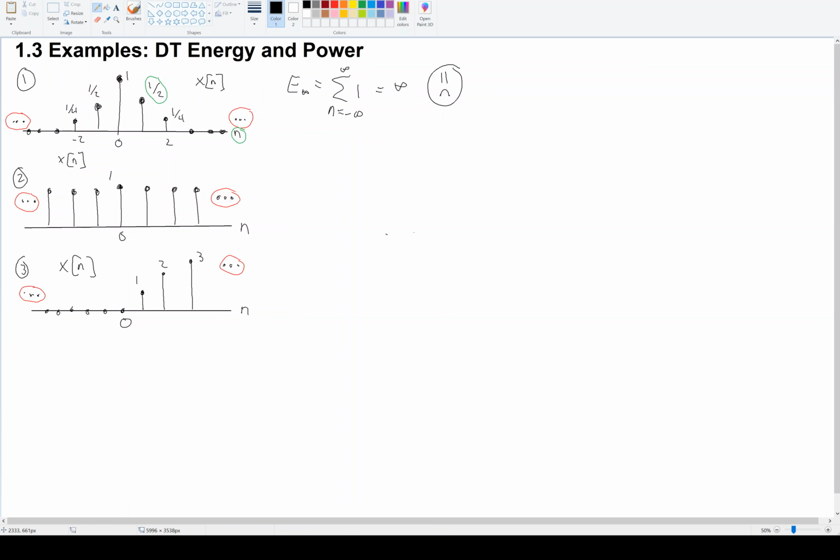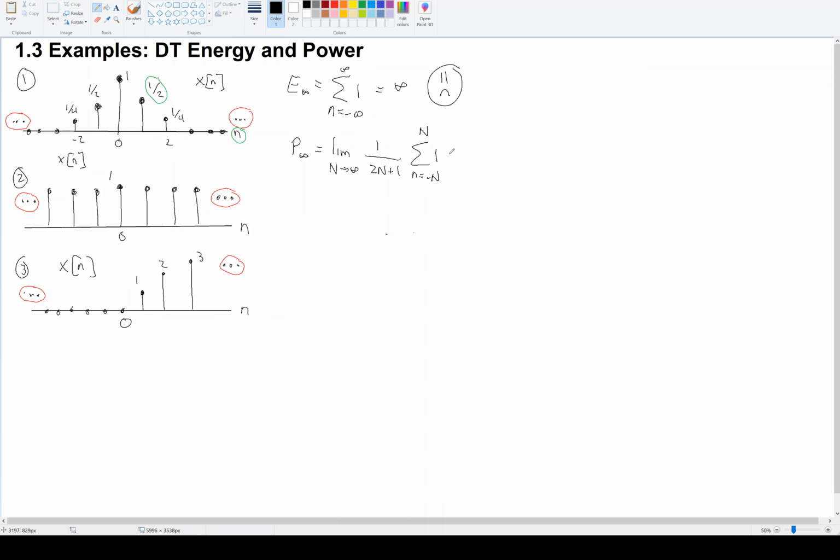But let's calculate its power averaged over all time. So that is the limit as this capital N goes to infinity of 1 over twice that capital N plus 1, the sum from n equals minus N to N of 1. Okay, so now we're not quite sure, right?